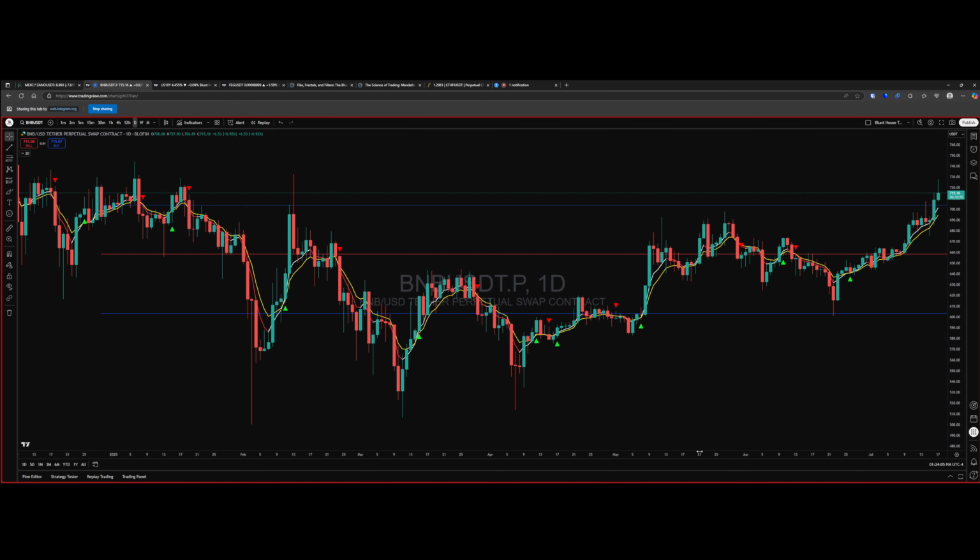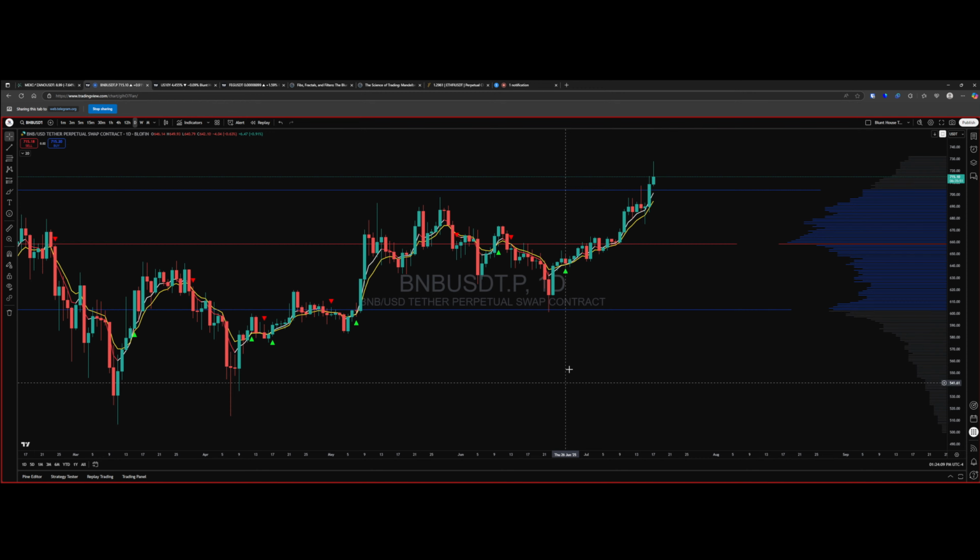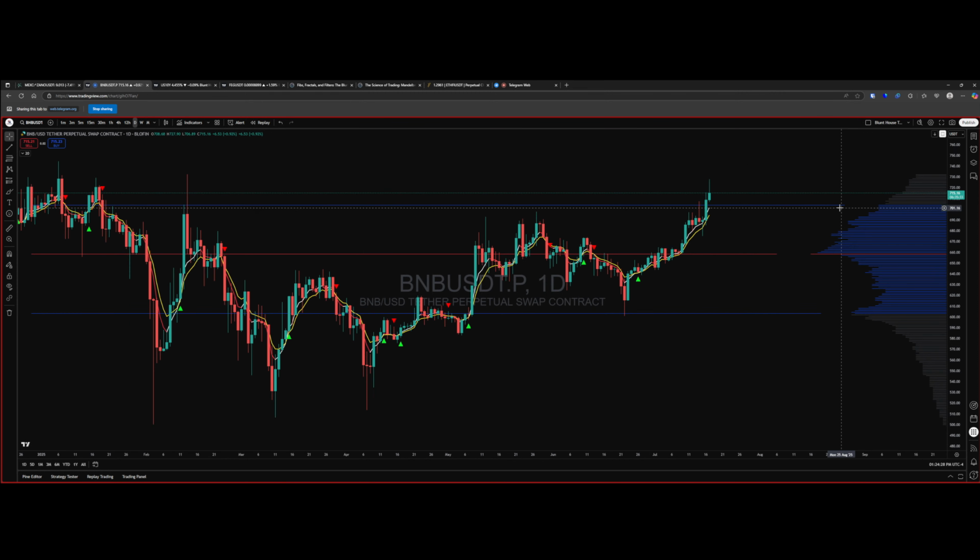I just had a quick question. When you say the lower value range, what is that specifically? The lower value range on the point of control. So this thin blue line here is the lower value range. This thin blue line up here is the upper value range. And that's another specific indicator, or does that come along with the point of control?